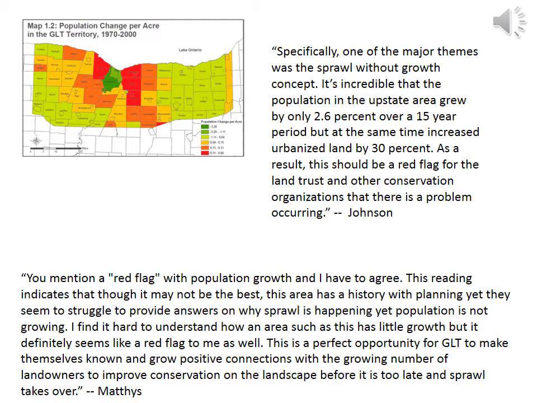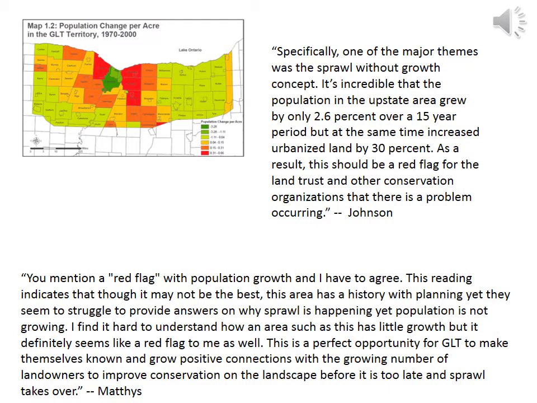Justin Johnson, over here on the right, says that we're seeing an incredible situation in the upstate area: population grew by only 2.6% over a 15-year period, but at the same time urban land increased by 30%. What he's saying is that that's not a lot of population, but the total land area being taken under is pretty significant. That needs to be what's driving the plan. The data's here, the story's here.